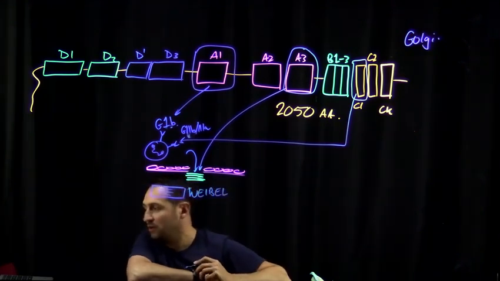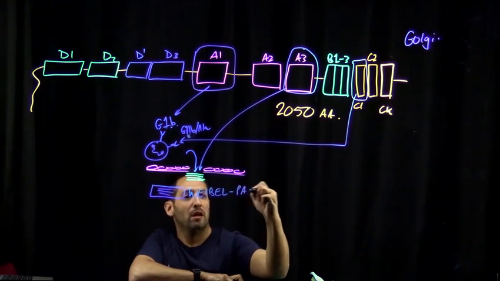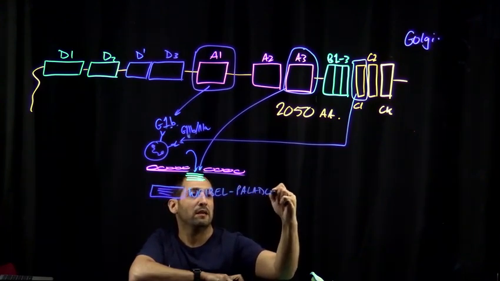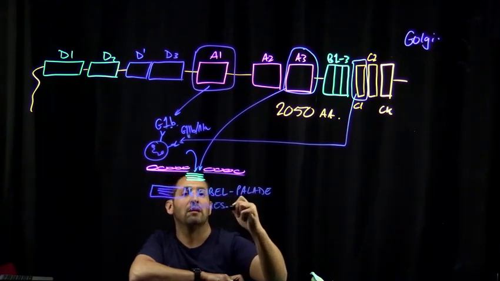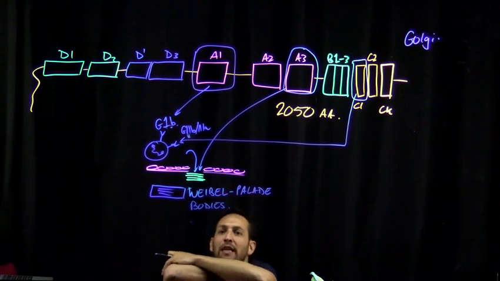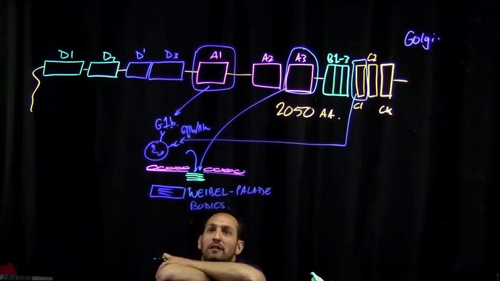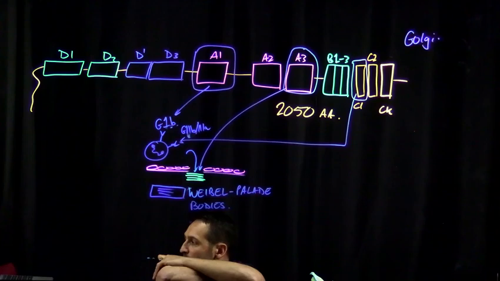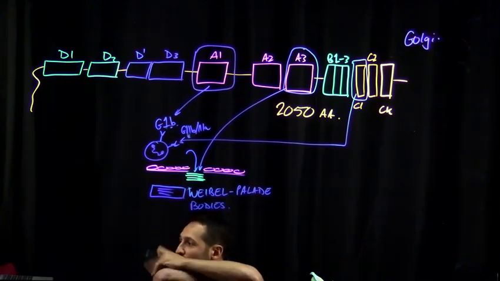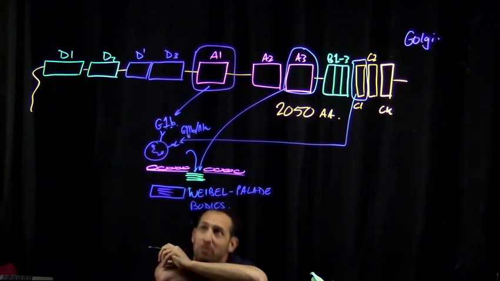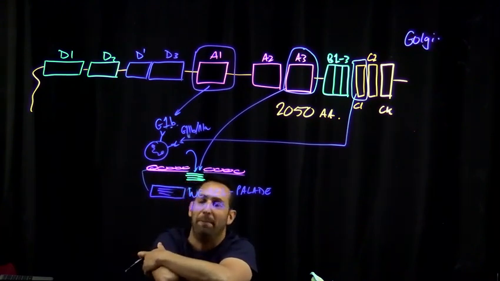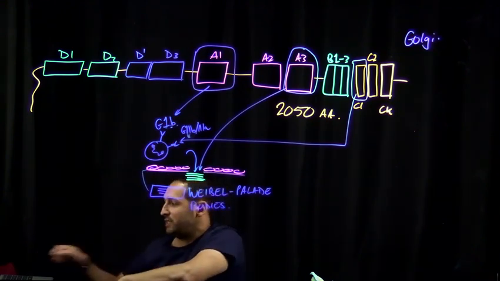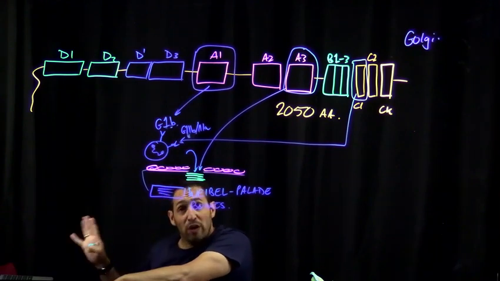Weibel-Palade bodies are what are responsible for storing von Willebrand factor. Sometimes you find them in the endothelial cells themselves, and sometimes just below that in the subendothelial layers. Now that's not the only place that they get stored.